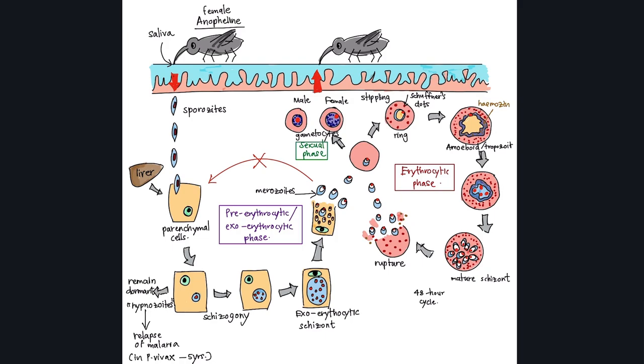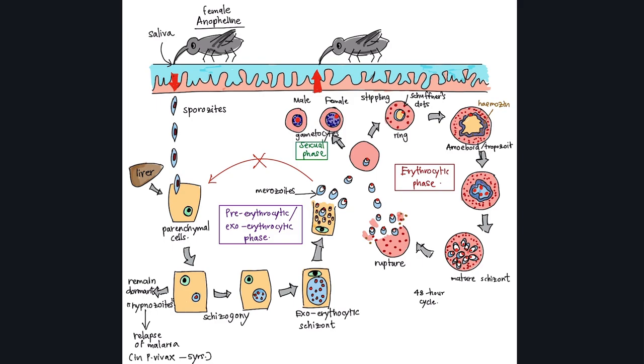After that, the ring stage gradually develops into the amoeboid stage, and the cytoplasm enlarges, and the RBC also enlarges, to about 1.5 times the normal size of an RBC. Then gradually the nucleus divides again, the cytoplasm gathers around these nuclei, and again they form merozoites inside the RBC, and we can see the Schüffner's dots clearly in the mature schizont too.